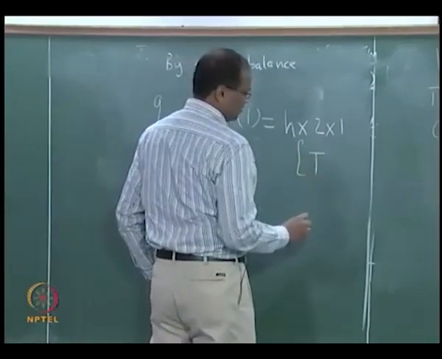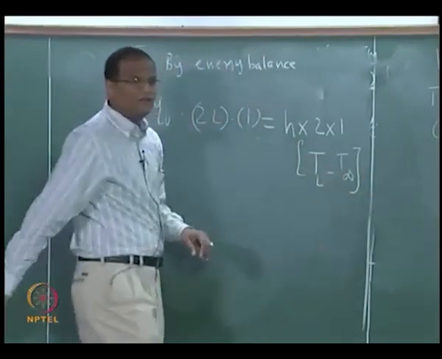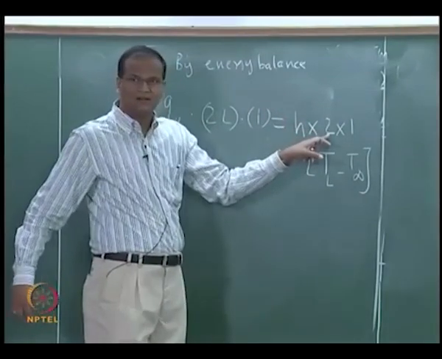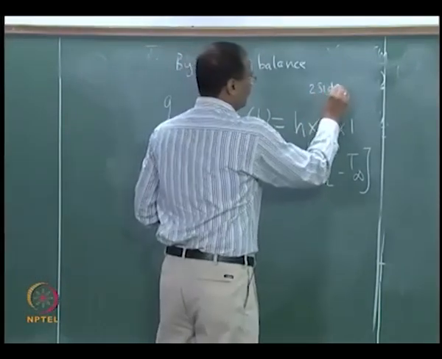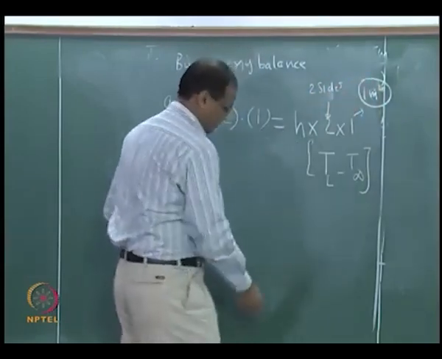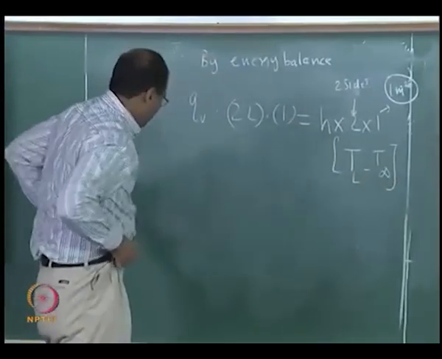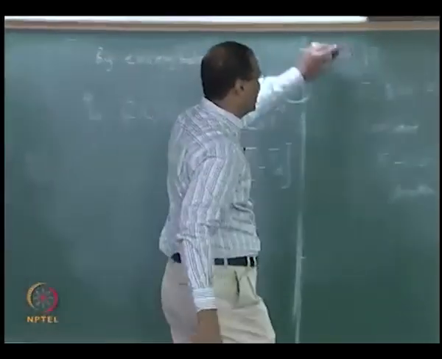What is 2 into 1? 1 is this 1 meter square, 2 is left side, right side. So h is known, QV is known, can I get TL straight away?